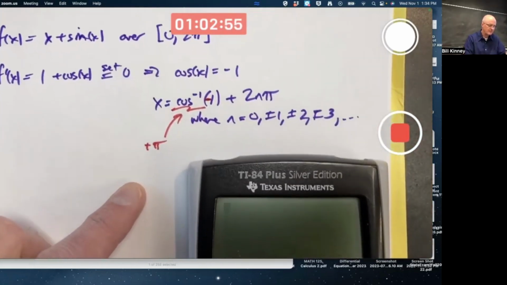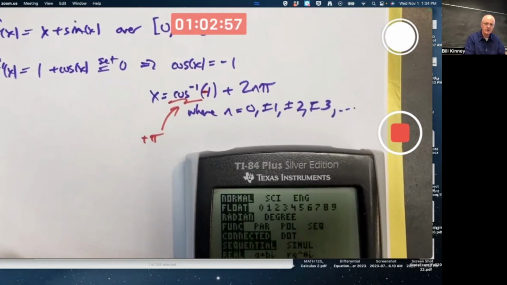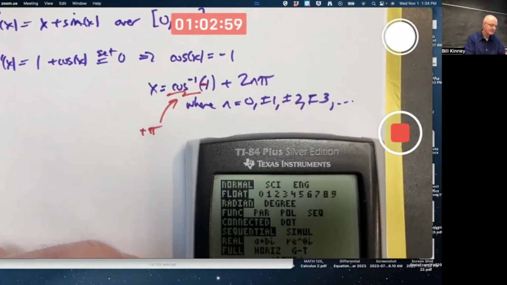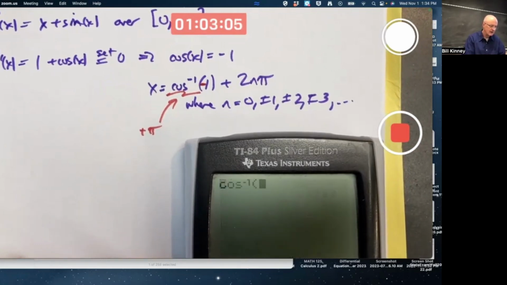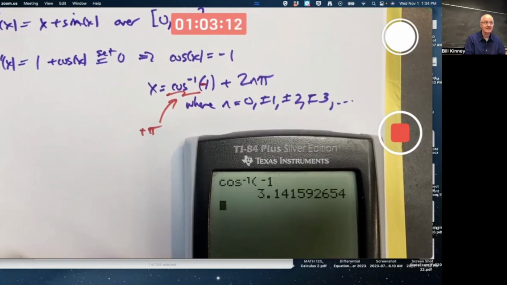If you want to confirm it, make sure your calculator is in radian mode, as mine is. Inverse cosine of -1 should be a pi. Positive pi, yes it is. Why? It's because of how inverse cosine is defined.